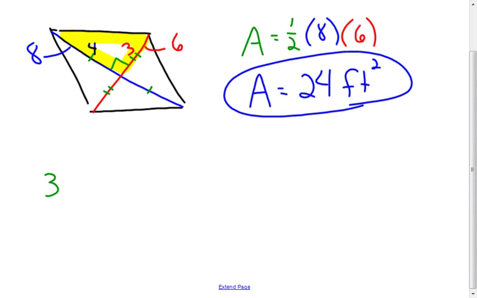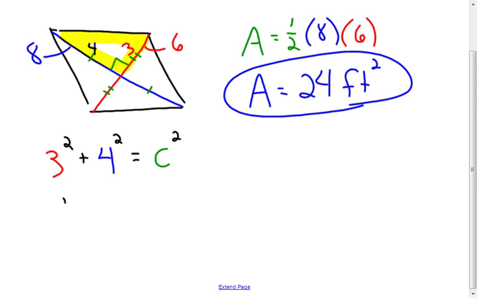So I'd have my a squared, which is 3 squared, plus my b, which is 4 squared, and that's going to equal the hypotenuse of my triangle, which is going to be c, which is one of the sides of my rhombus. Solve this little equation, and I'm going to know the length of each side.